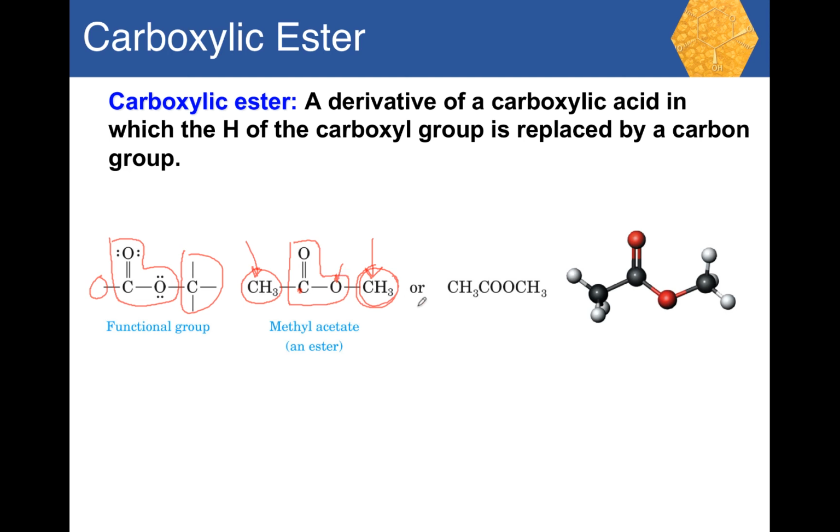So be on the lookout for that. Here is another way of writing it. It's a little more condensed, but it's essentially communicating the same features as over here, COOH.